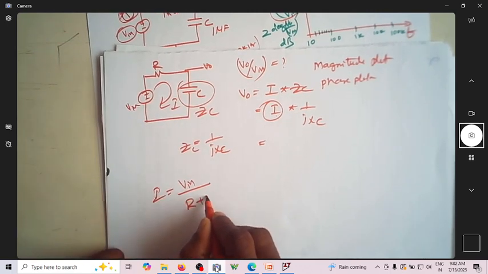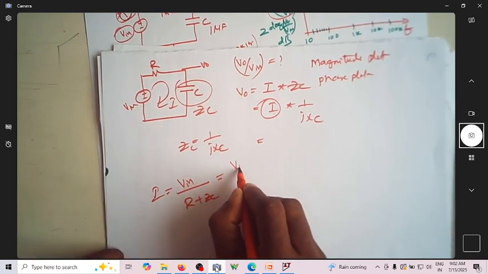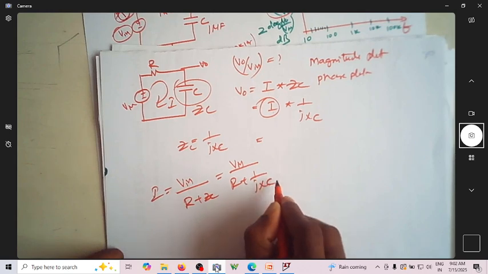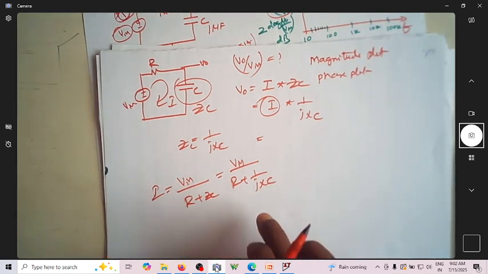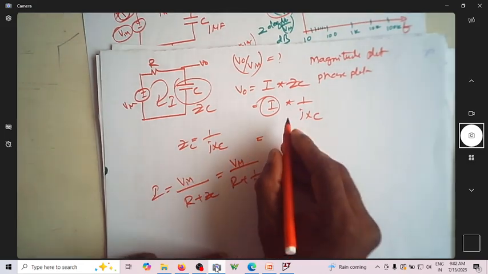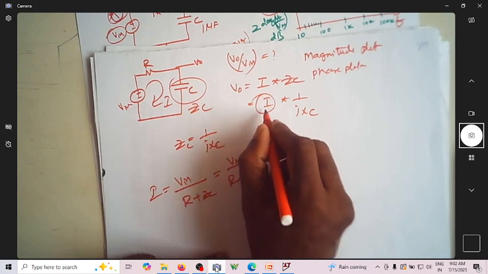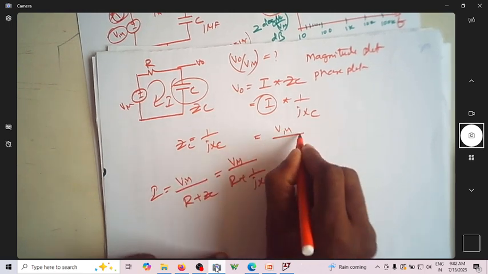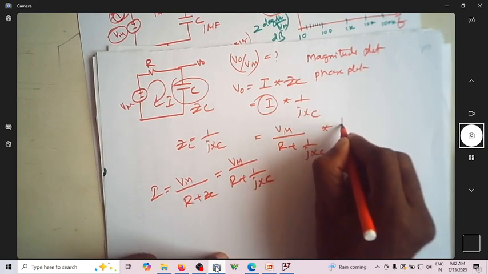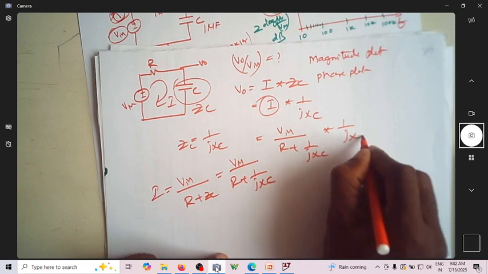It is R plus ZC, which is nothing but V in by R plus 1 over jXC. Correct? I can write this. Now, let me substitute what is I here. So can I write it as V in by R plus 1 over jXC into 1 over jXC.